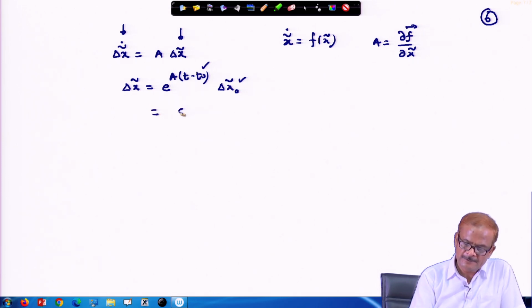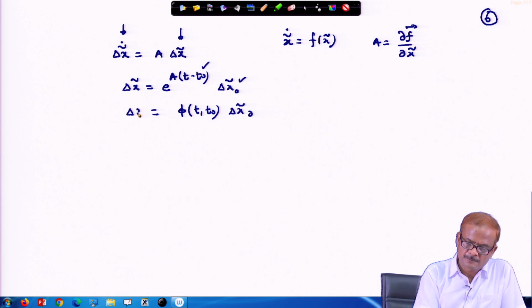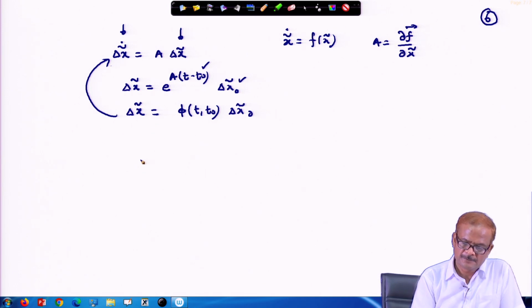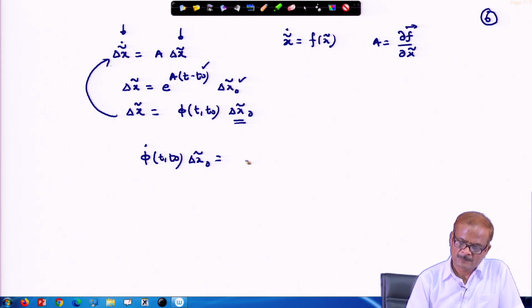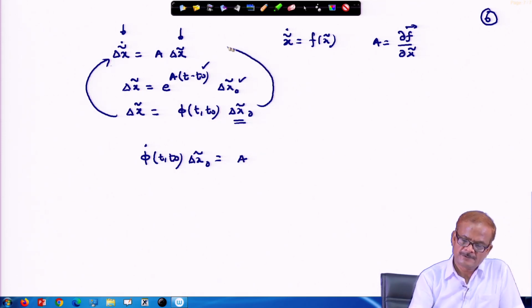And this quantity is written as phi t t 0, and if we insert here in this place, so we get phi dot t t 0, this is a constant, this is the initial condition, and this part we insert here on the right hand side.